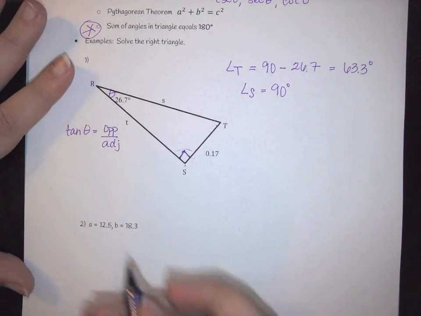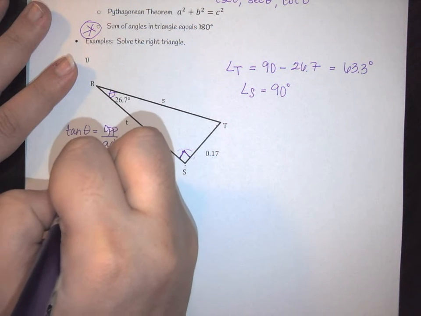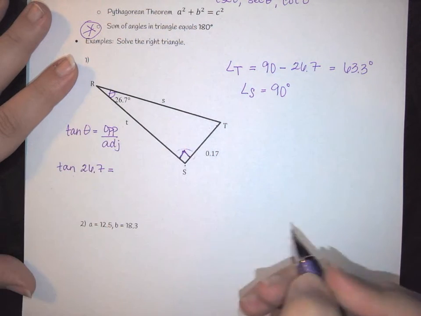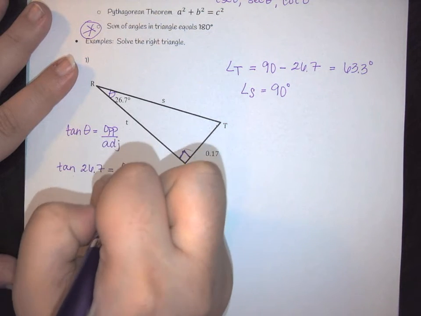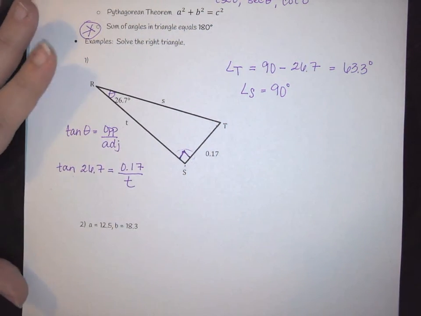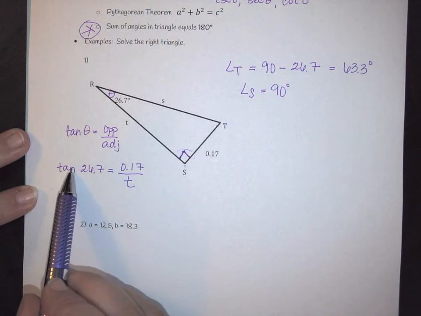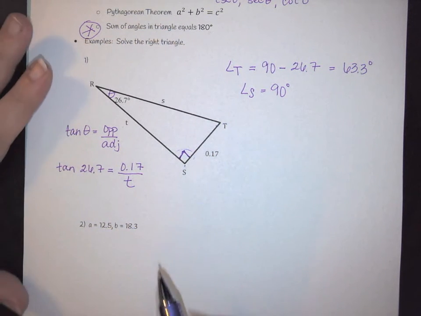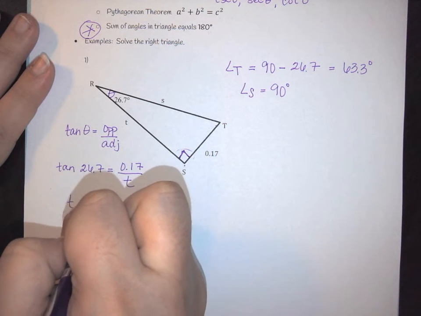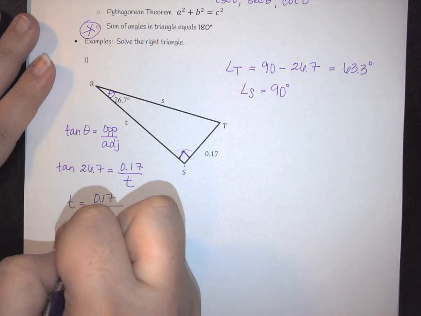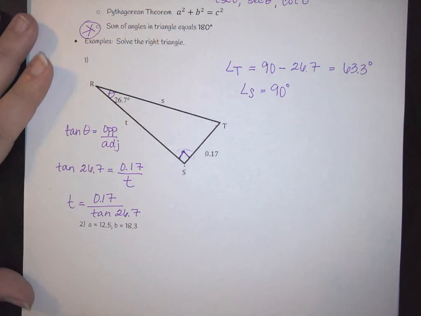So what does that look like? Well, this is saying that the tangent of 26.7 is equal to the opposite, 0.17, over my unknown T. I need to solve for T, so I'm going to multiply both sides by T and then divide both sides by my tangent. So my T here is going to be 0.17 divided by the tangent of 26.7.